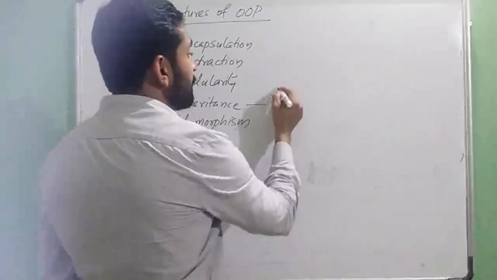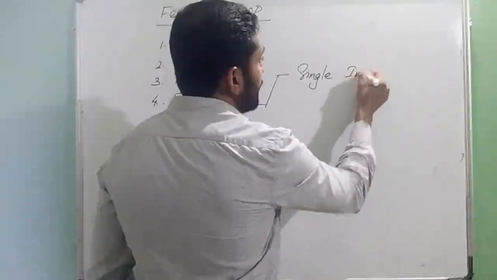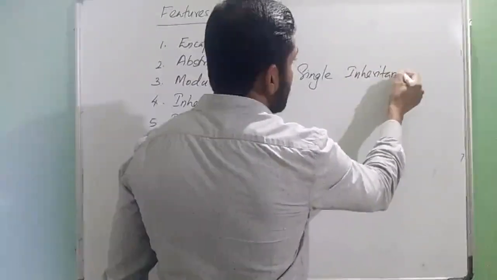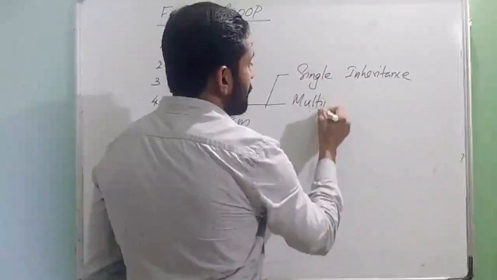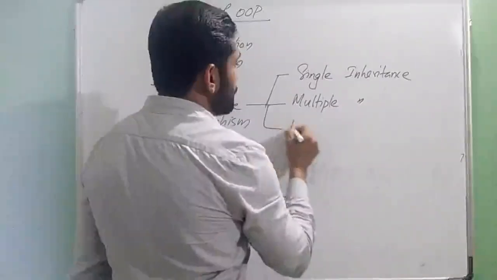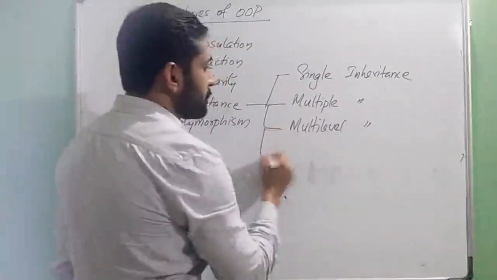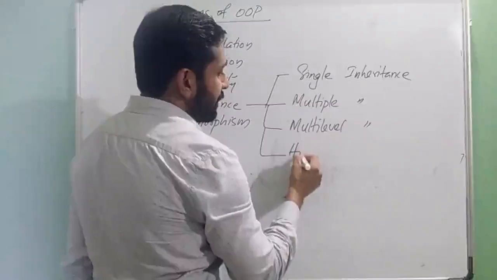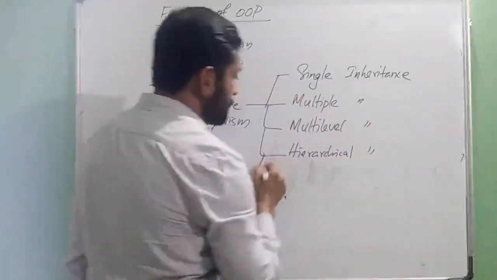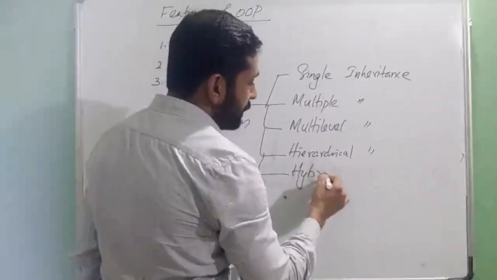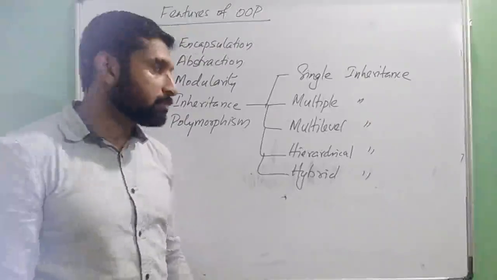The types of inheritance are single inheritance, multiple inheritance, multi-level inheritance, hierarchical inheritance, hybrid inheritance. These are the different types of inheritance.